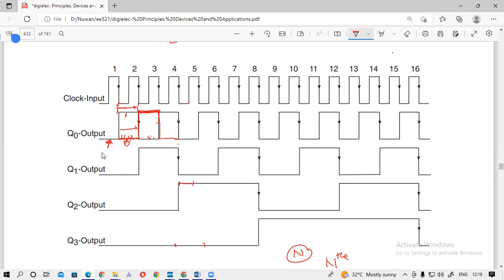So if the delay happens in one cycle, what happens? The actual bits are interchanged, so our output will be wrong. Can you understand that point?